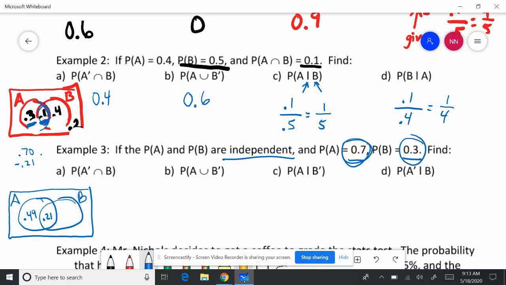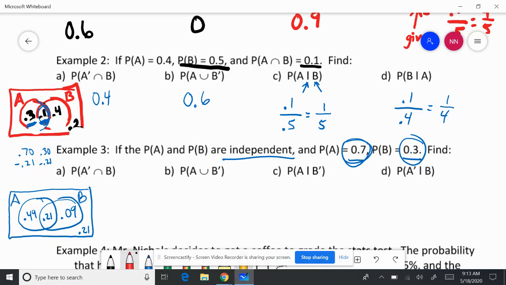So if we subtract 0.21 from 0.3, we get 0.09. Now we're going to add up the 0.49 and the 0.21, which is 0.7, and 0.09 gives us 0.79. So that means on our outside is 0.21. So that's our Venn diagram.